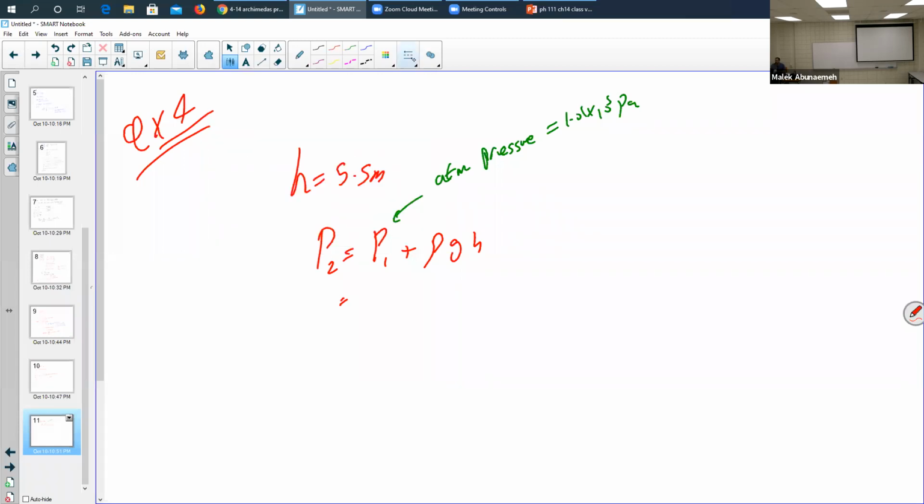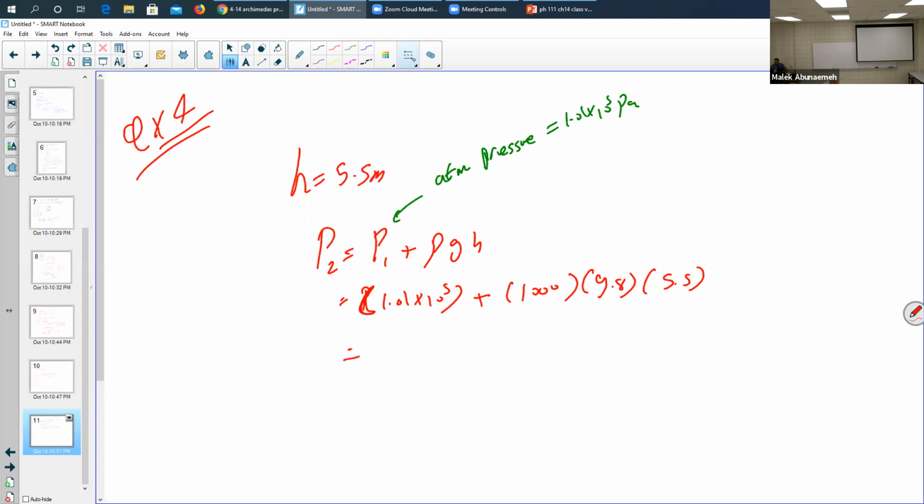So your final pressure at point 2 is 1.01 times 10 to the 5th power plus your water density, which is 1,000 kilogram per meter cube, multiplied by gravity, multiplied by our height, which is 5.5.